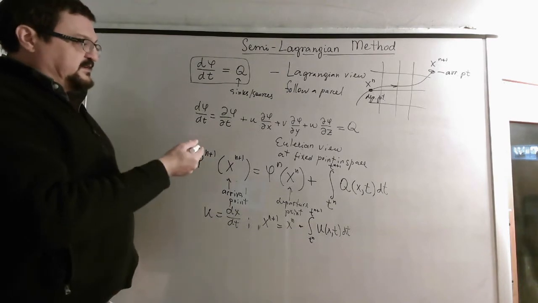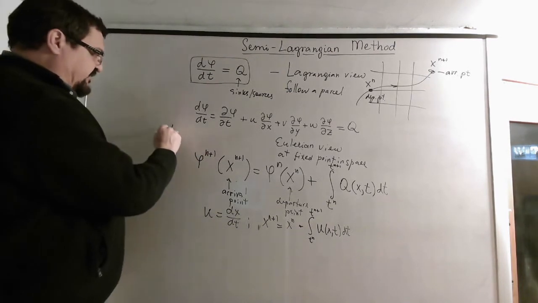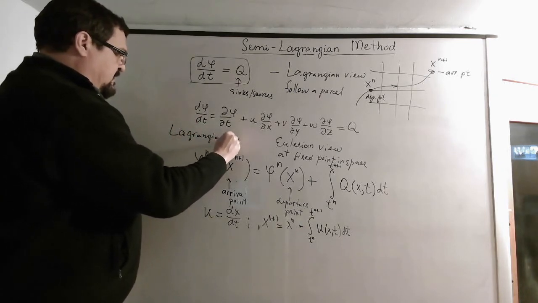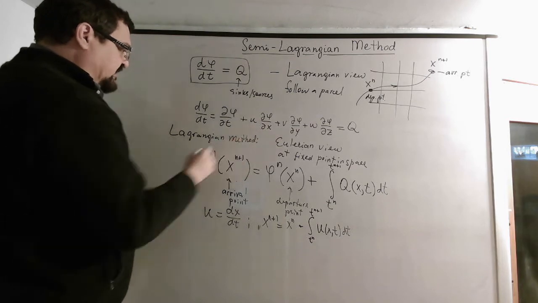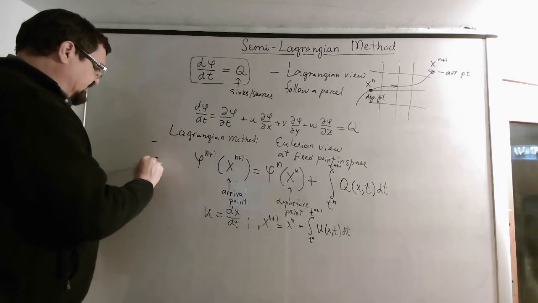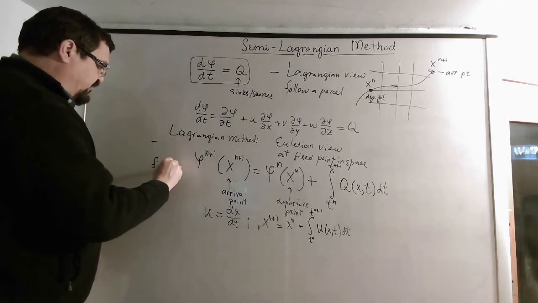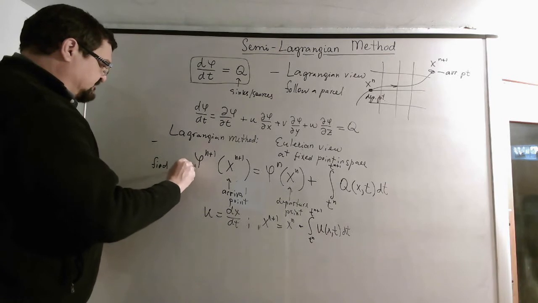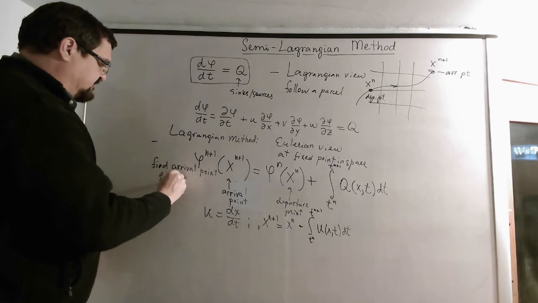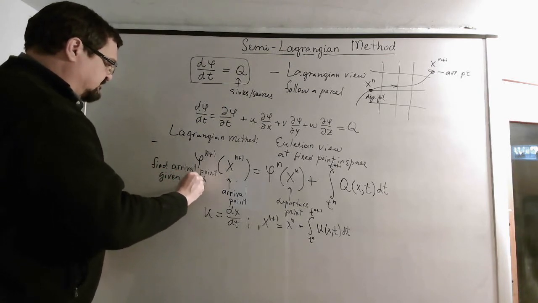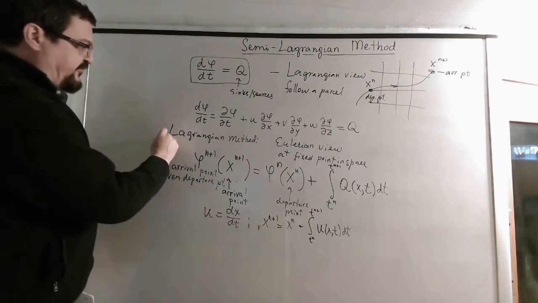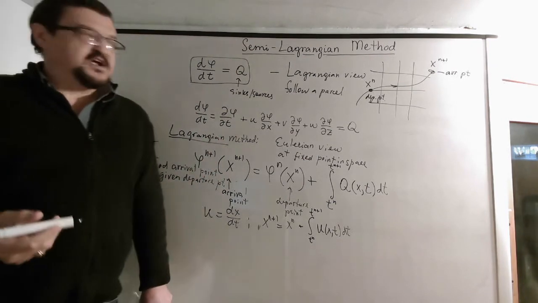The problem with this so-called Lagrangian method, in which you find the arrival point given the departure point, is this.